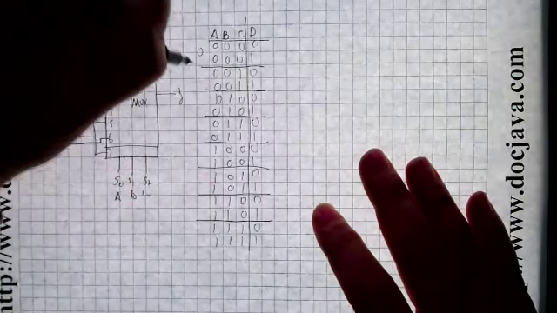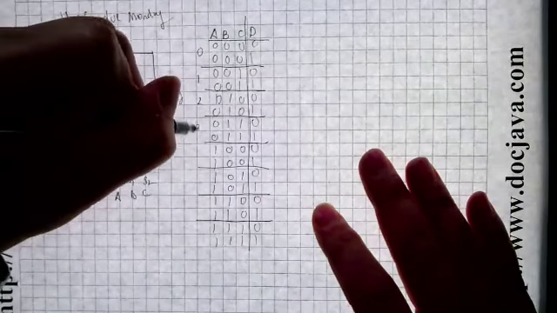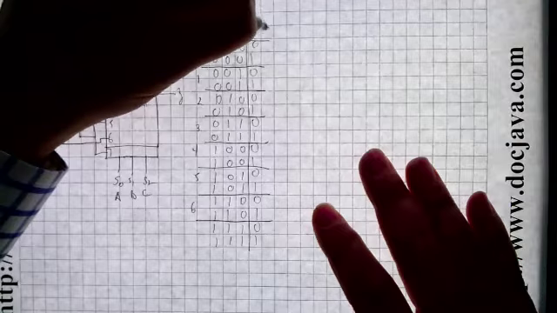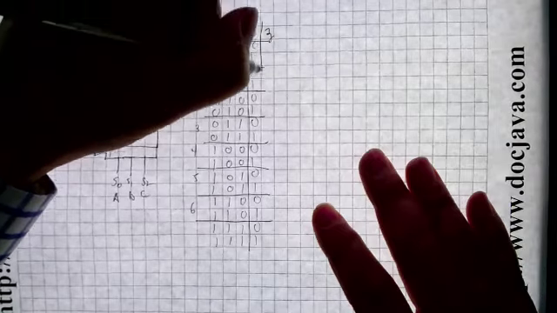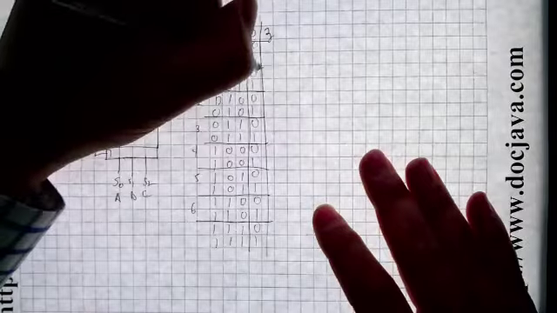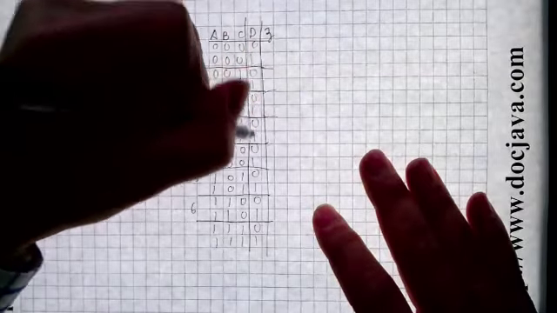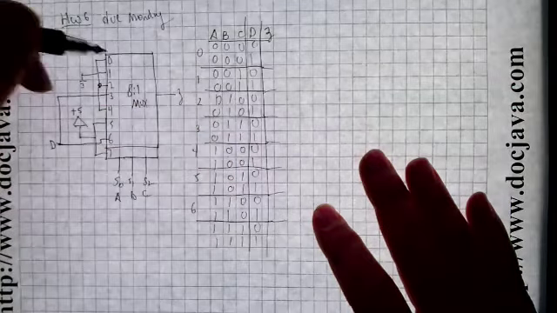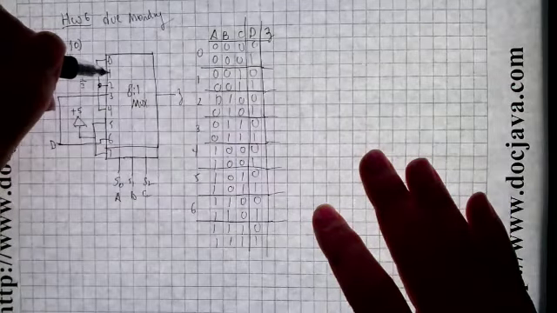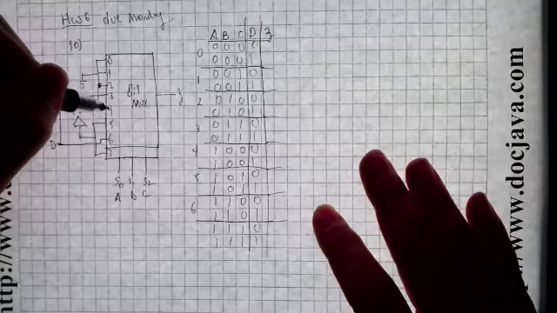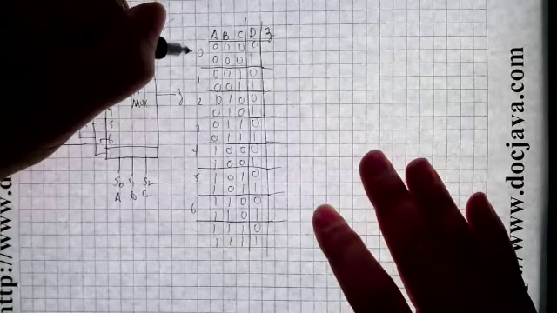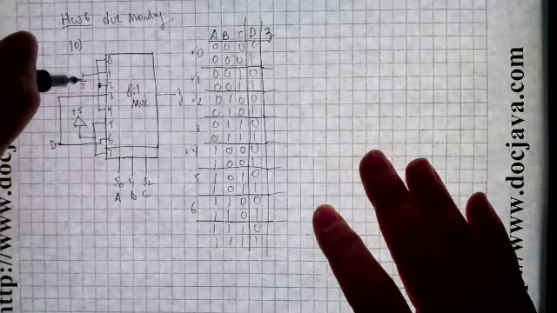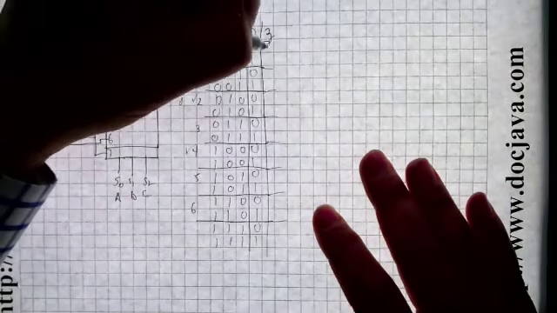So this is input 0, 1, 2, 3, 4, 5, and 6. Now when we look at the output Z, we can see inputs 0, 1, 2, and 4, which correspond to here, here, here, and here, are all tied to ground, which means they're all 0.